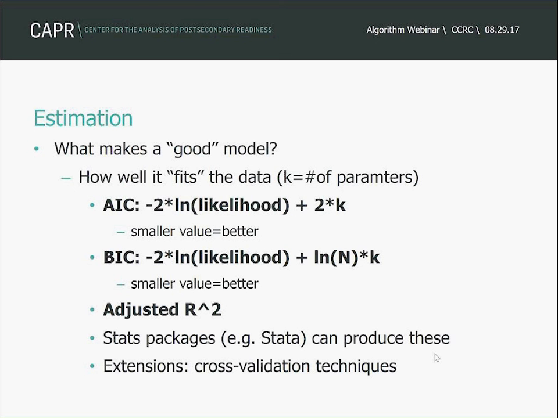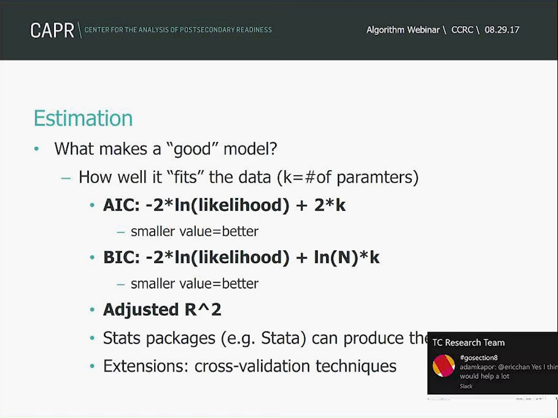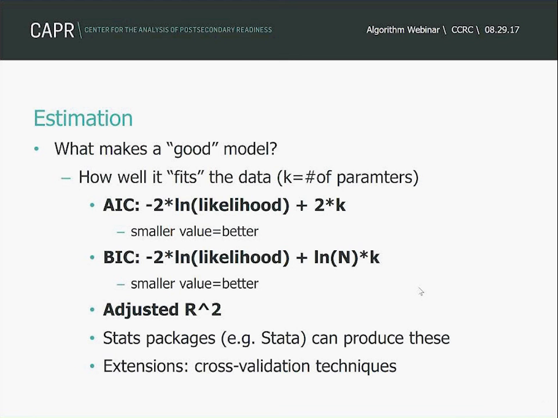A couple of well-known measures are the AIC and the BIC. The IC stands for information criterion. The B is Bayesian, and the A is Akaike, I think is the pronunciation. I could be butchering that, so I apologize. They're pretty similar, and they're a function of the likelihood.